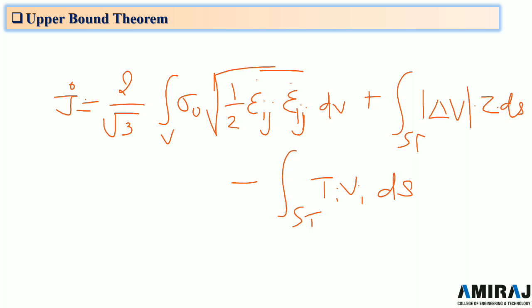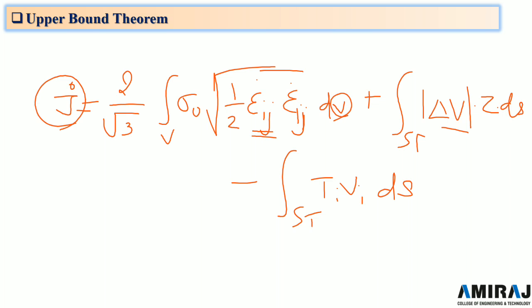The term kinematically admissible means that the chosen velocity field should satisfy the incompressibility condition as well as the boundary conditions. The other terms are as follows: J dot is the rate of work being done in the deforming body, small v is the volume of the deforming body, and epsilon ij is the strain rate in the deforming body.